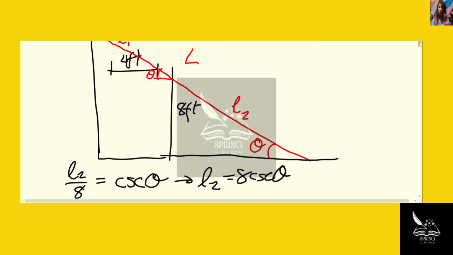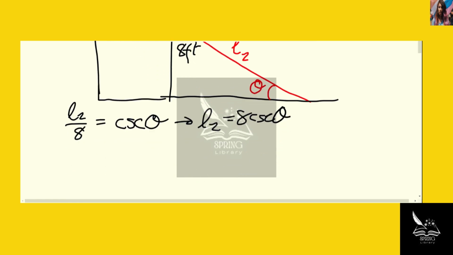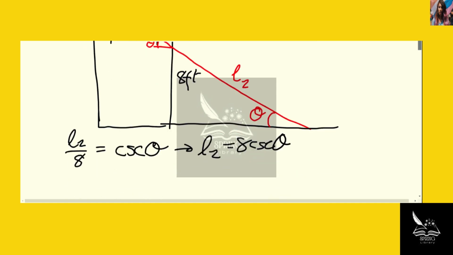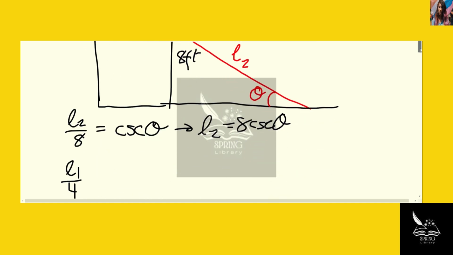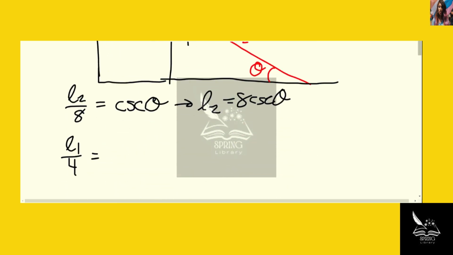Now what is L1 in terms of theta? This is a little more difficult. So we have that L1 over 4, the distance between the fence and the wall, is equal to the secant of theta. So we have L1 equals 4 secant of theta.